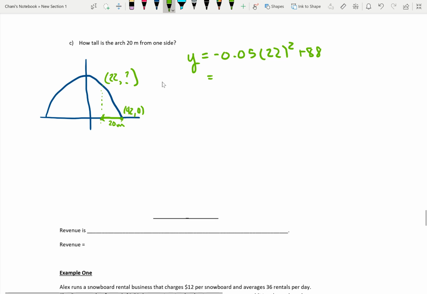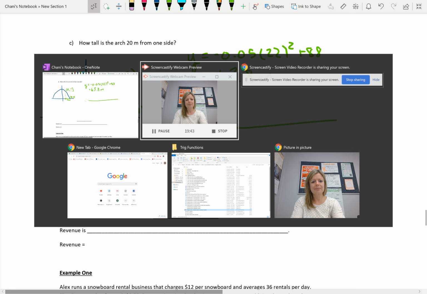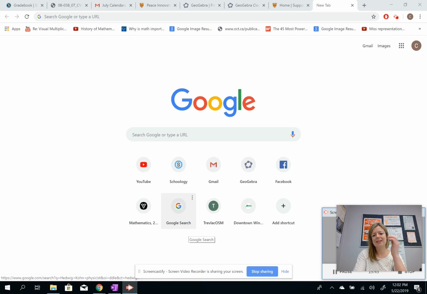So when you do that, if you put this into your calculator exactly as it's written with all the brackets and everything, you'll get the correct answer, which is 63.8 meters. So that's how tall it is, 20 meters from one side of the arch. So you can put a nice little sentence there, again, explaining that. So that is our work on arches.